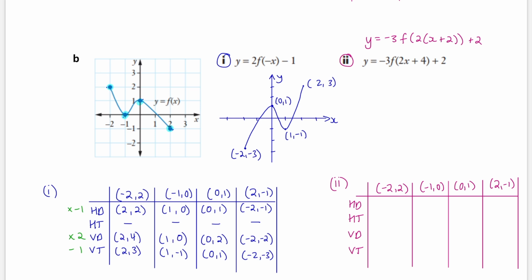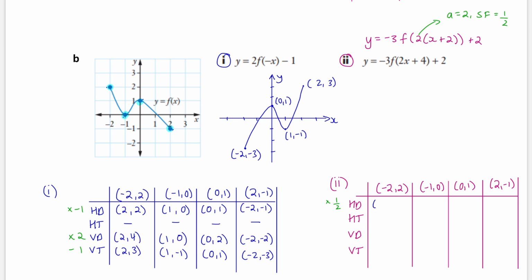So first thing here, I'm going to look at a horizontal dilation, and that's going to be 2. So that means that my A value is 2, but my scale factor is 1 over 2. So I need to multiply the x values by a half.